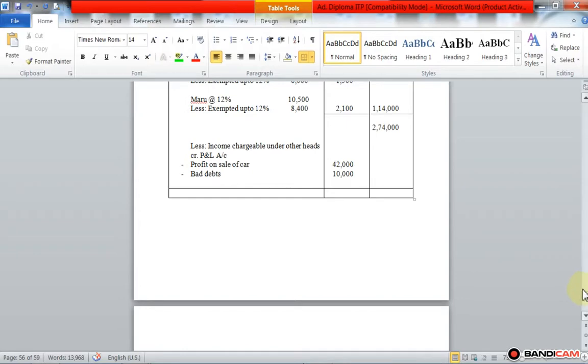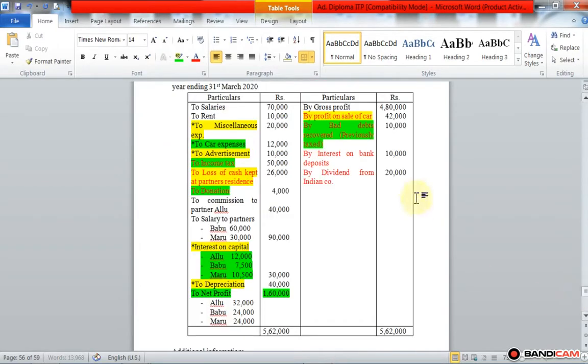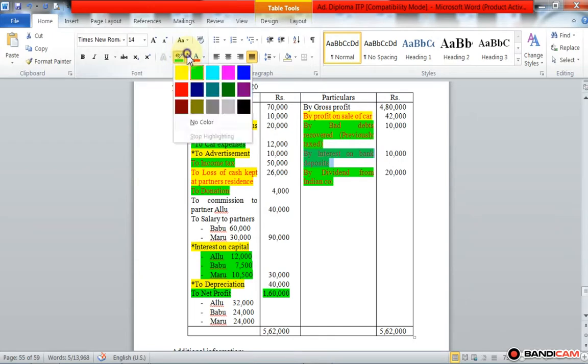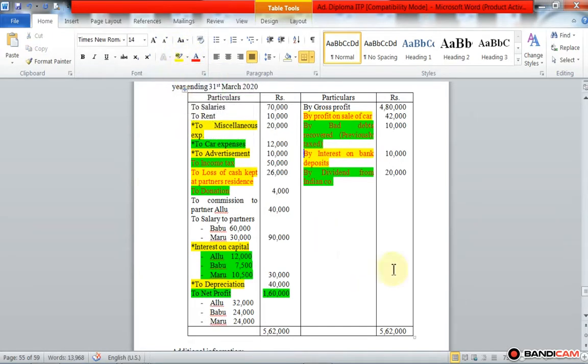Then interest and dividend, both of these are income from other source. So these incomes from other source are deducted from net profit.